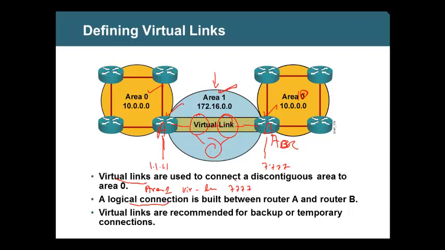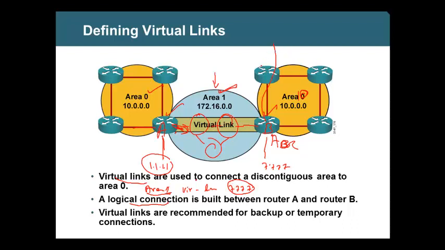What do we see here? Router A is going to take its own router ID and negotiate with 7.7.7.7 over the area 1 direction, not over the area 0 direction, the area 1 direction. It will go and negotiate and bring up a tunnel.